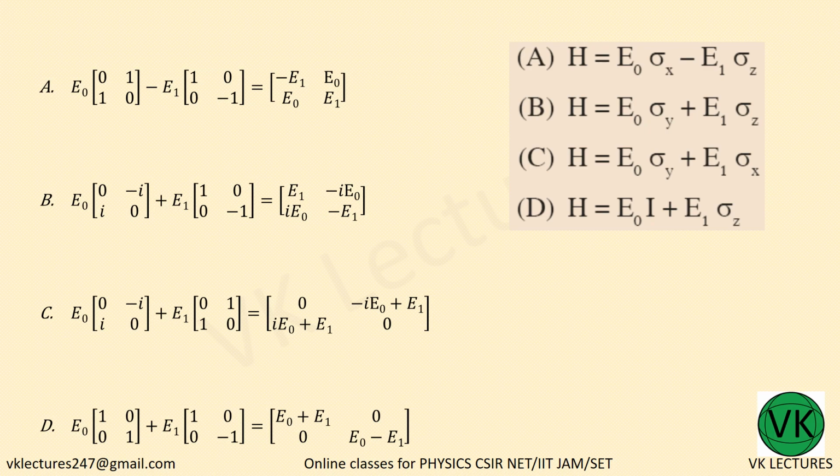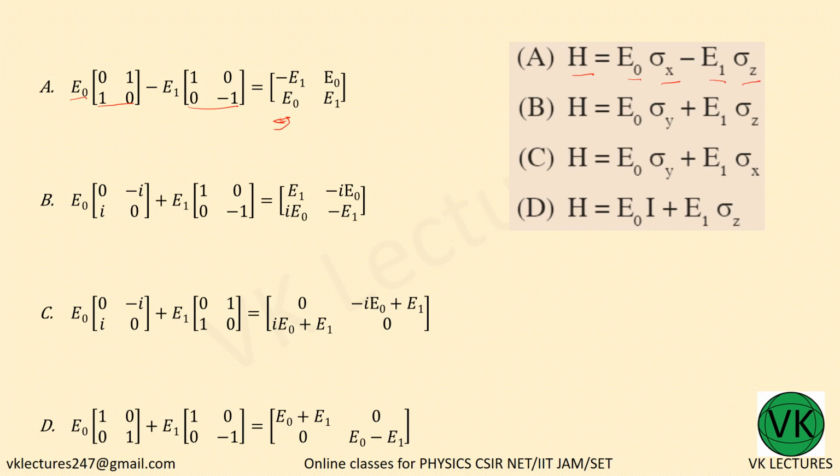In the first option, you have H is equal to E naught into sigma x minus E1 into sigma z. E naught, this is sigma x, minus E1 into sigma z, which is equal to this matrix with minus E1, E naught, and E1. Now what is the determinant of this particular matrix?